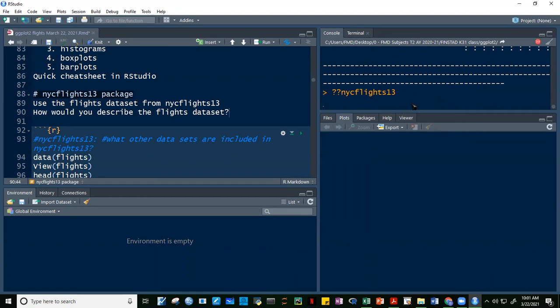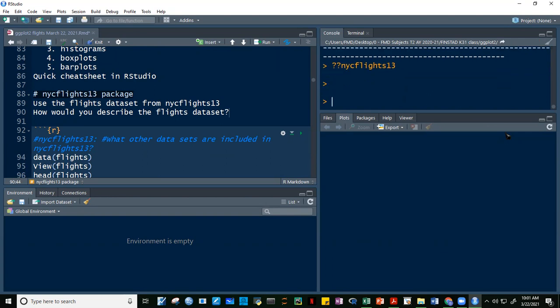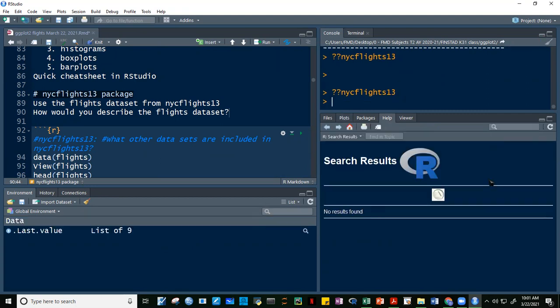Could you kindly try to run this, guys? The help for nycflights. It's taking some time. I'm not getting any results, guys. From your end, do you have information about nycflights?